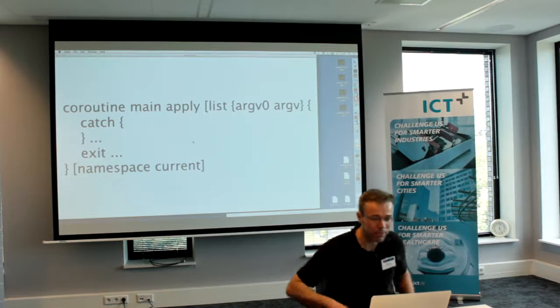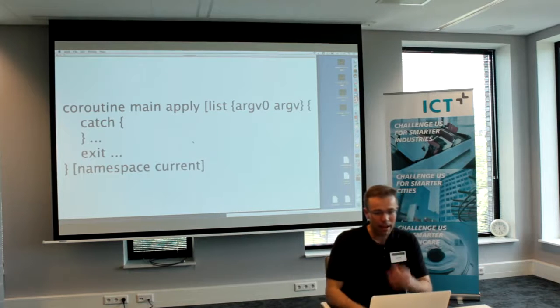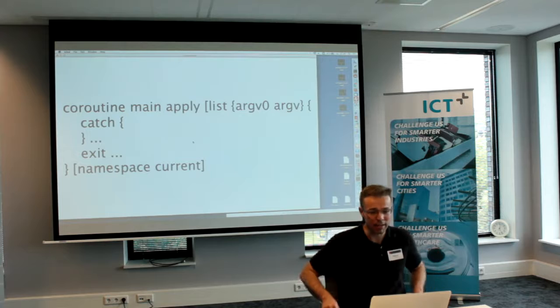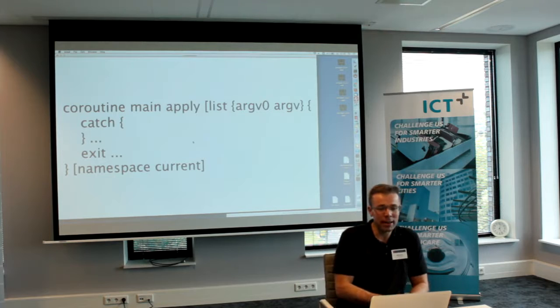Okay, I'm going to skip over that and get to this example. This is what main might look like if you write it as a coroutine. We have the lambda, the apply command in there, and then you have just a main procedure.